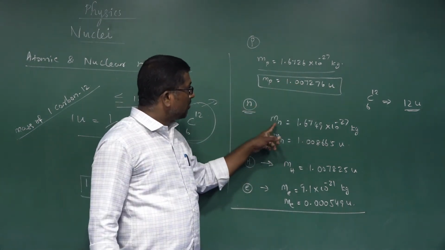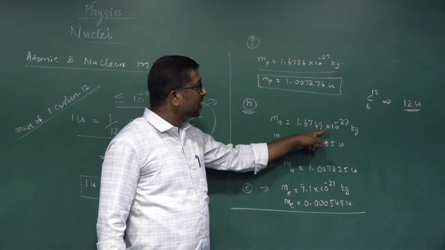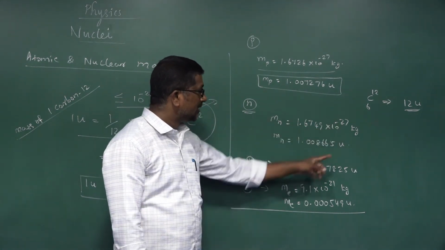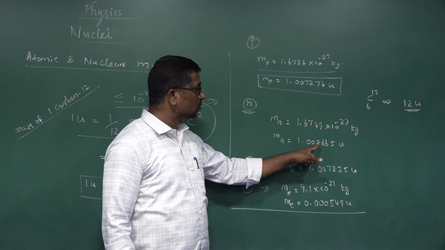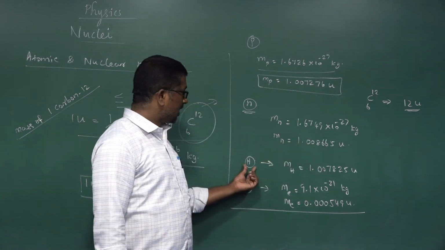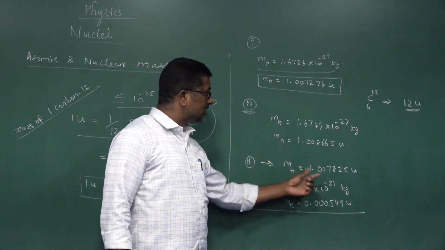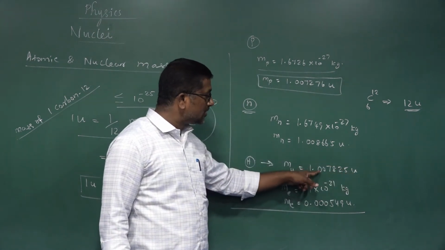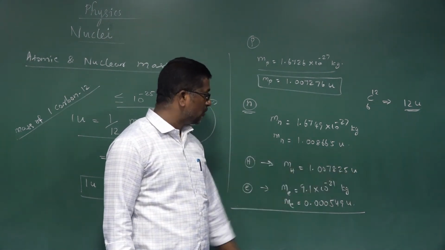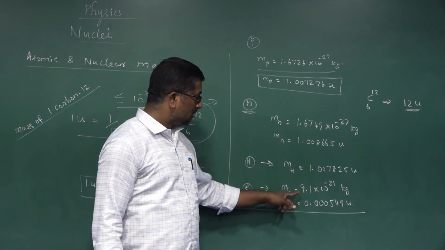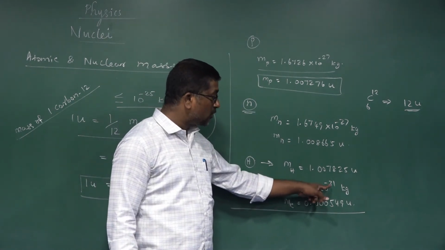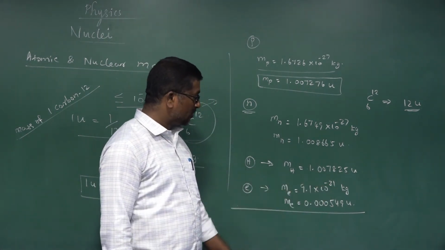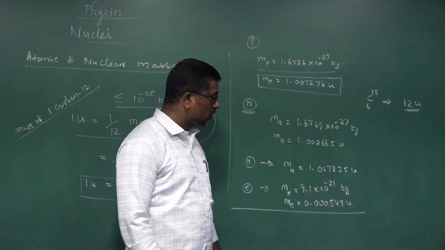For neutron, 1.6749 into 10 power minus 27 kg, in atomic mass unit 1.008665 u. For hydrogen atom, 1.007825 u. And for electron, 9.1 into 10 power minus 31 kg, in atomic mass unit 0.000549 u.